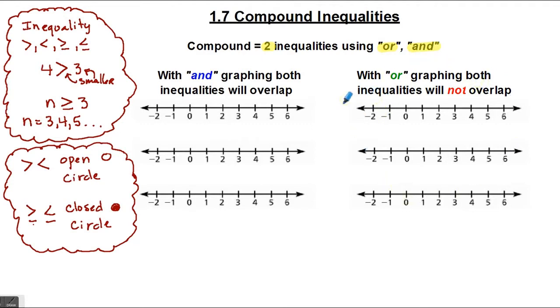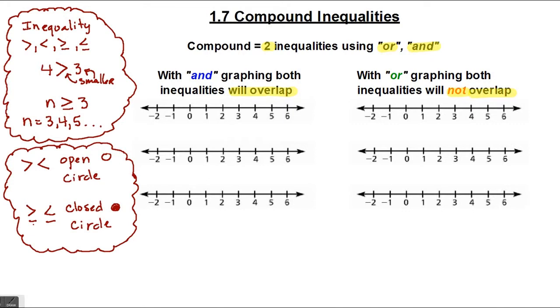The difference is that when you use and, you will overlap the inequalities that you're going to graph. I'll show you an example of that. With the or, you are not going to overlap. That's the only difference. I'm trying to make this 1.7 very simple and short and to the point. So let's go through an example of how I would do this.